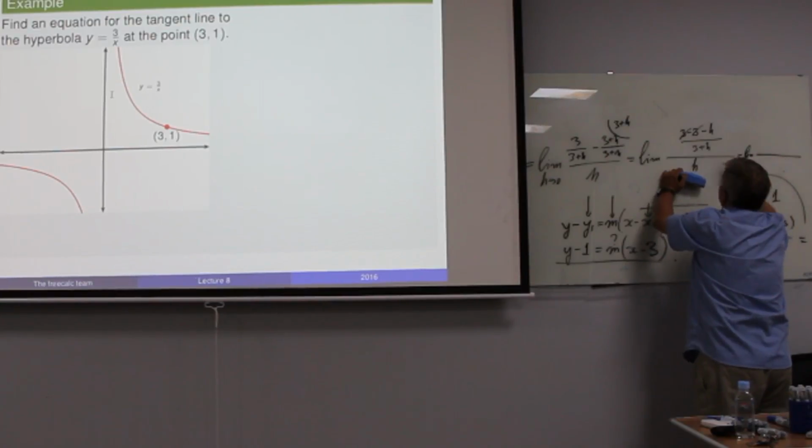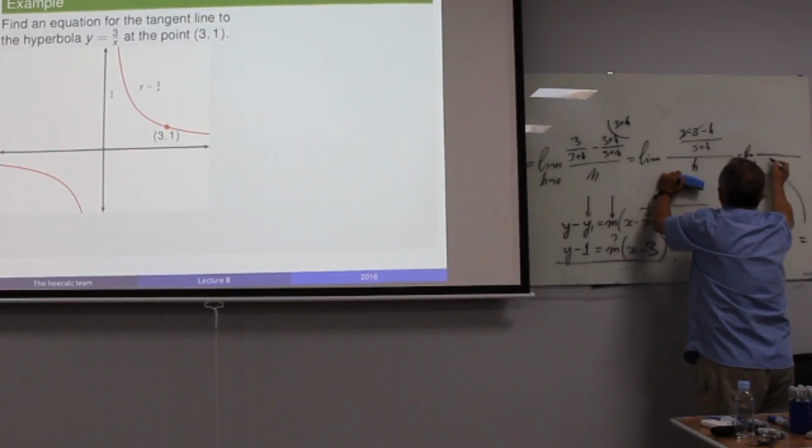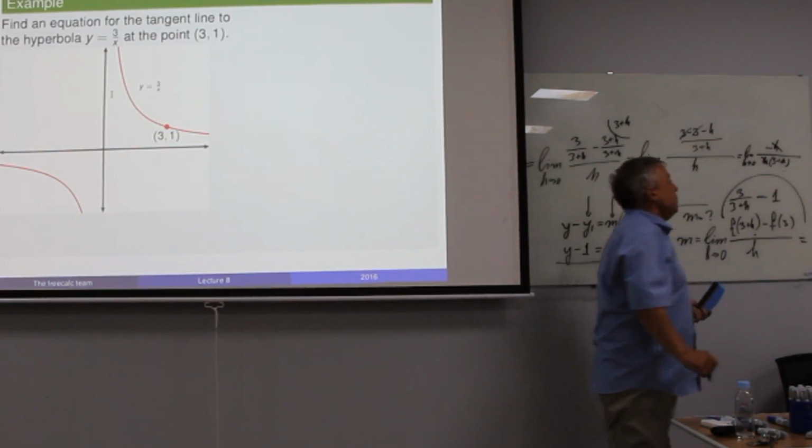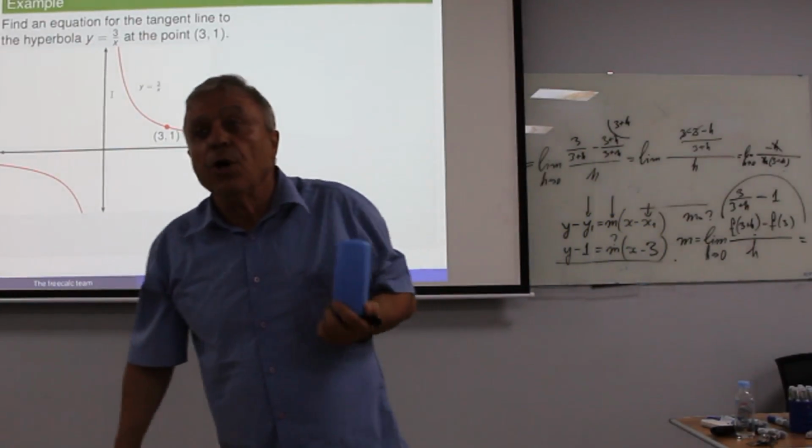LIM, here h goes towards 0. And we get h over 3 plus h, minus h. So we can cancel h. Why? Because h is not 0. H is only close to 0.